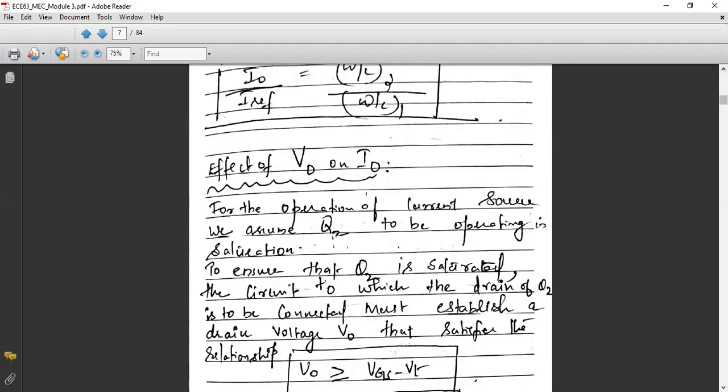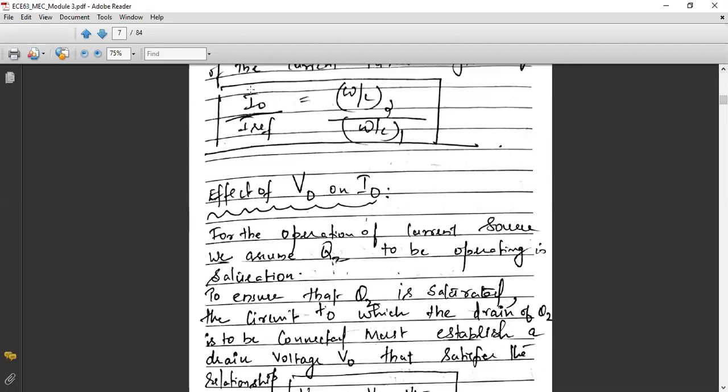But practically, as of now, based upon this equation, it is evident that I0 depends only on IREF. Based upon IREF and the aspect ratios, you can calculate I0. But there are chances that I0 may vary with respect to V0 also.